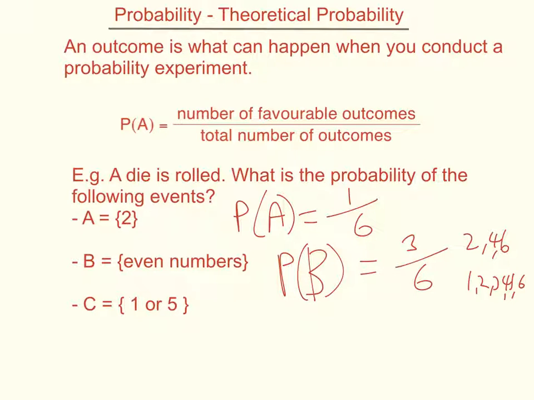So there are 3 numbers, 2, 4 and 6, out of the 6 numbers on a die. So the probability is 3 over 6. Now, because it's a fraction, we can actually cancel it down to a half. The last one, C equals 1 or 5. The probability of getting event C is equal to 2 numbers, the 1 or the 5, out of the 6 altogether, and that cancels down to a third.